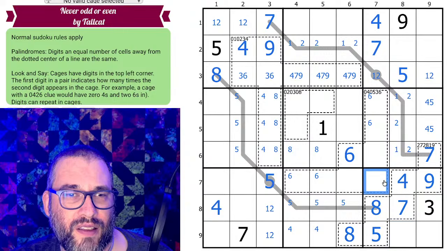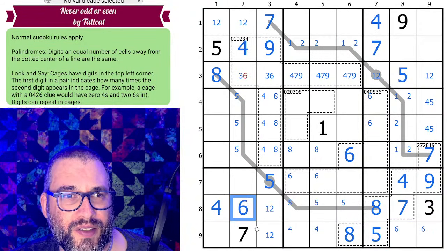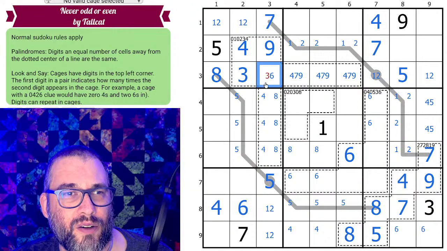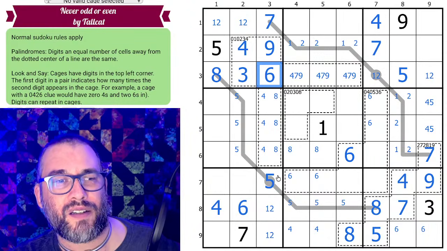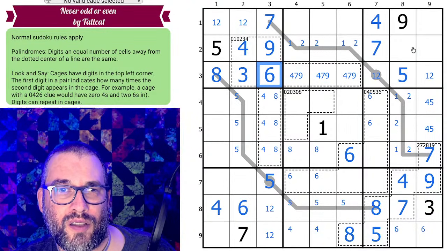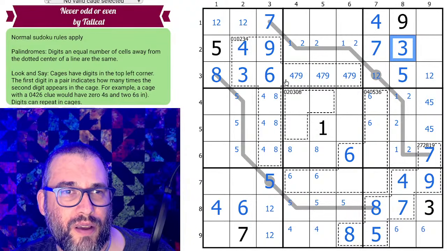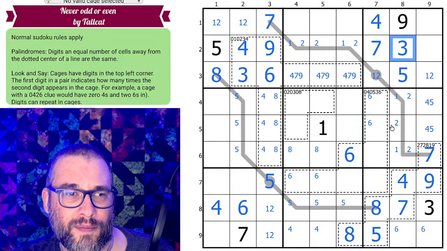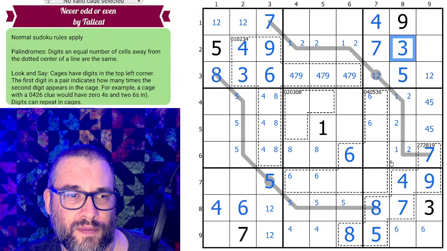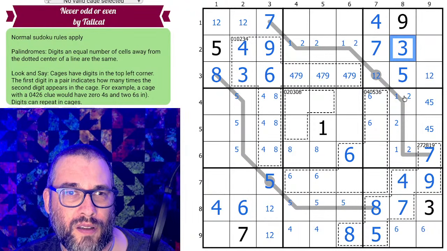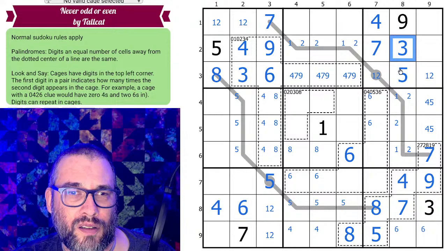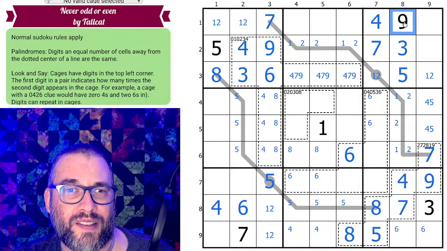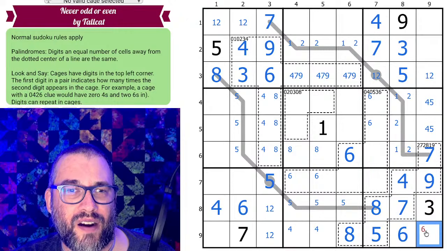That's not a 6, so one of these is a 6, so we need a 6 here. There's also our 3, 6 there. 3 in box 3 going there. But then 6 in this column goes there.